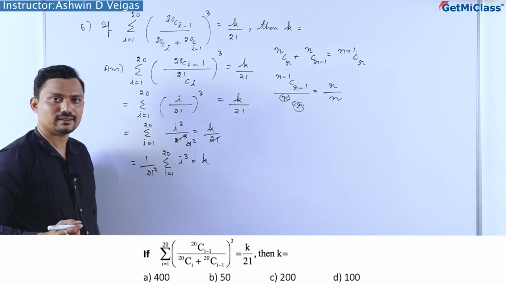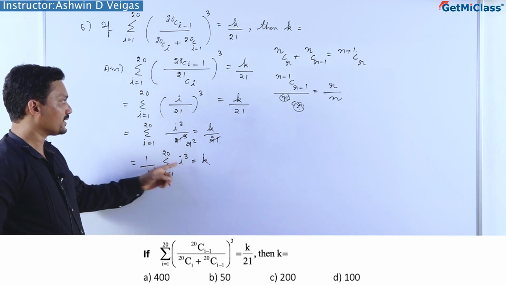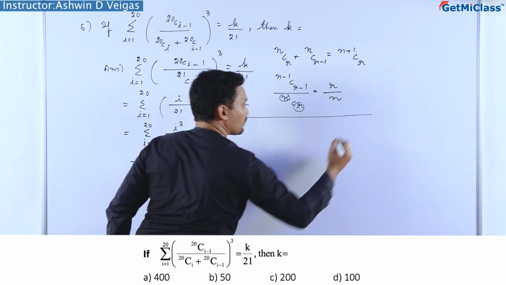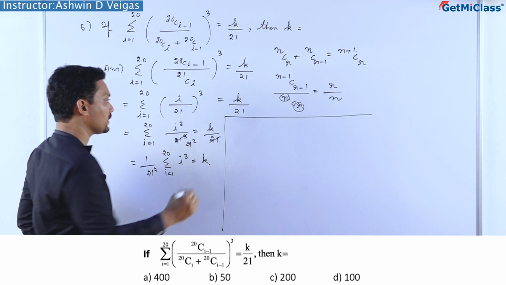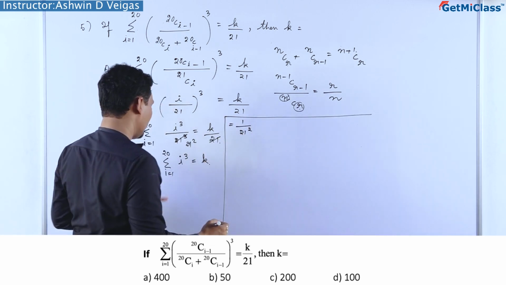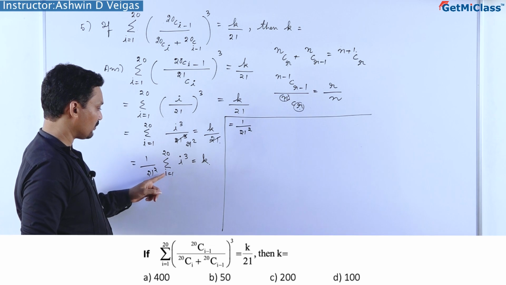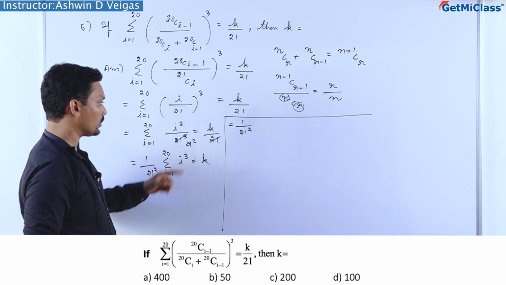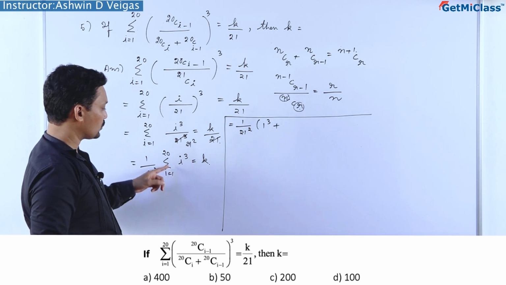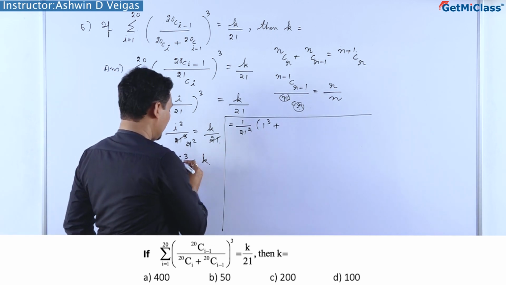So, we will get like this, and now when you come to this point, we can have a special series formula here. So, this is 1 by 21 square into, now if you apply this sigma, first value of i is 1. So, it will become 1 cube plus i is 2 up to 20, and it is cube.